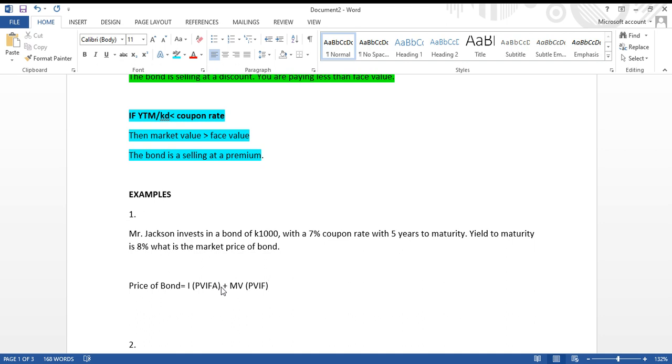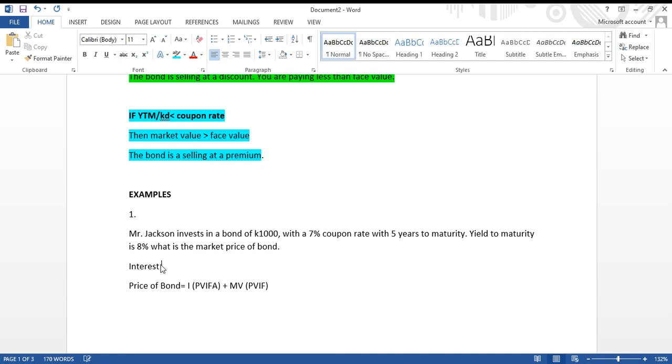So how we can also do this: the interest payments we will be receiving from this debt are future payments, so we have to convert them into present values. This is almost similar to the net present value technique. If you don't want to use this formula, we can also do it like the net present value technique. So I'm going to show both methods.